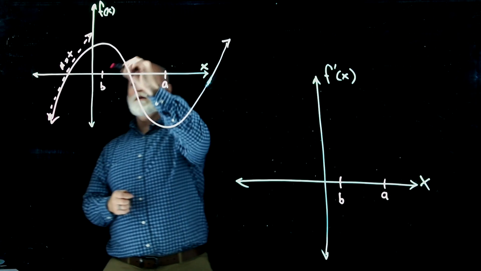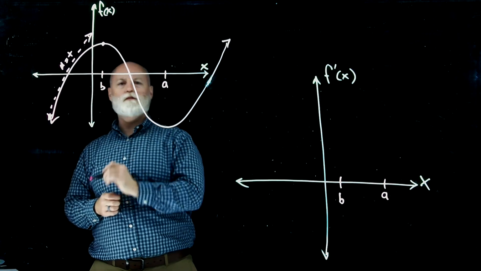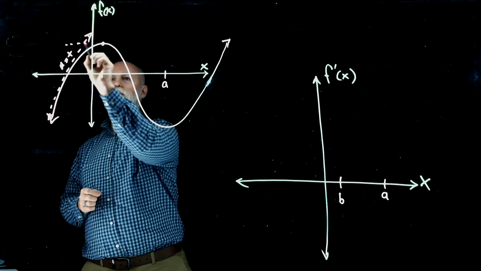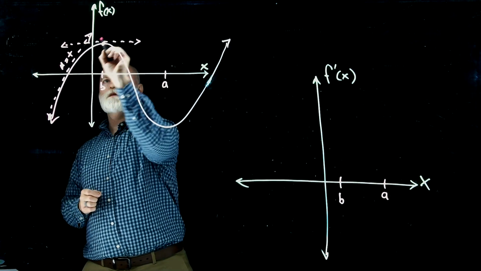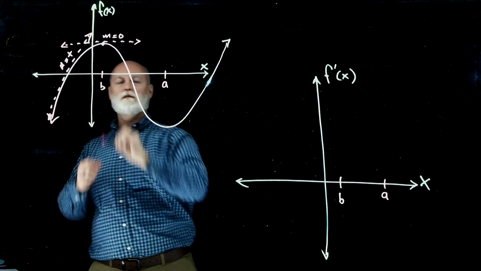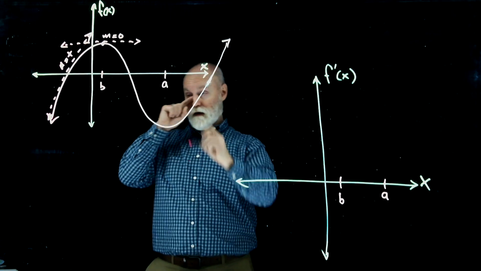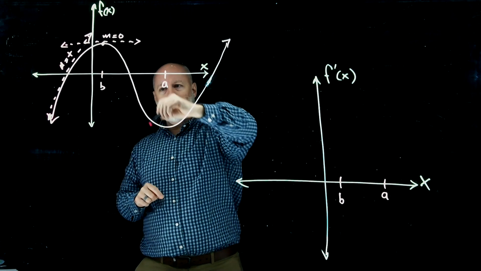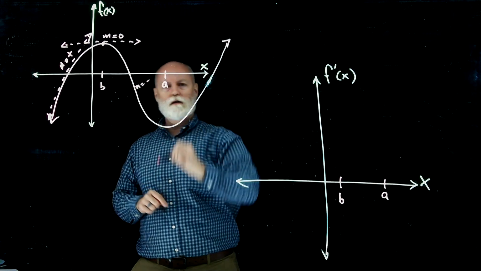Now that happens all the way up until we get to this arbitrary point of B, where all of a sudden the slope becomes 0, right? And then we have this slope that is negative here.